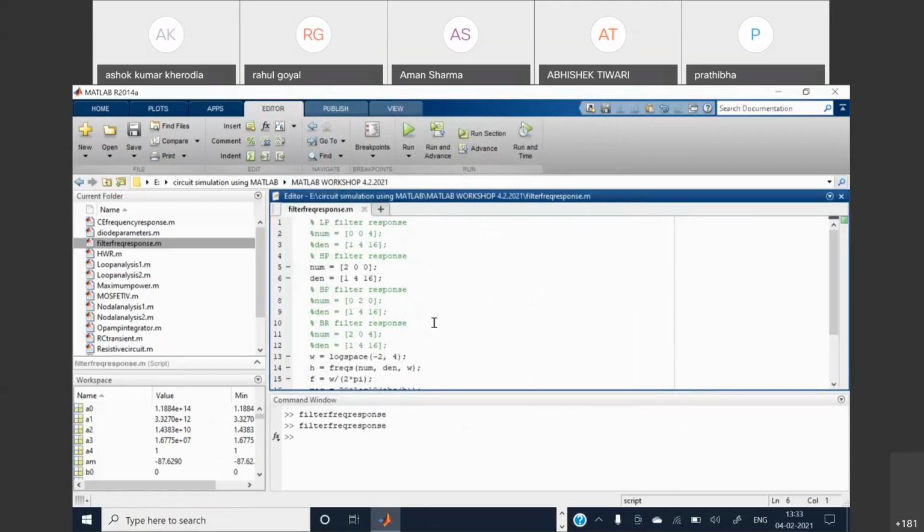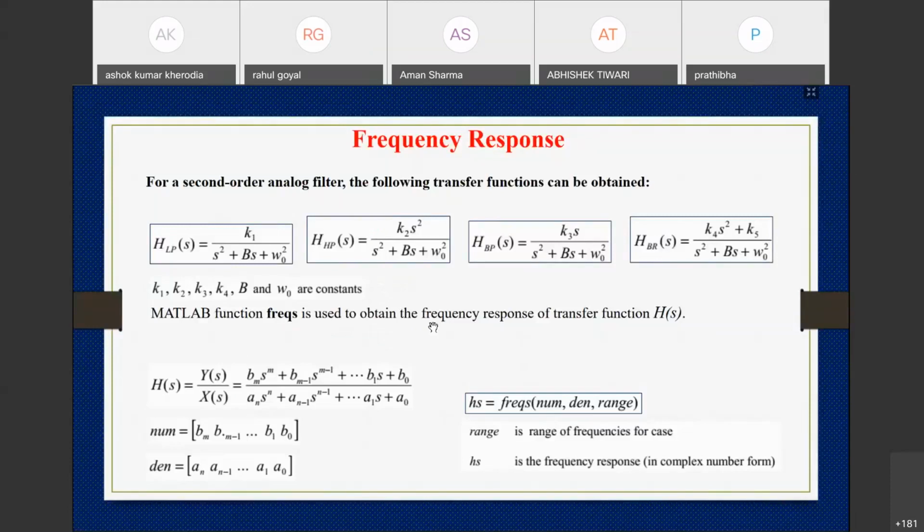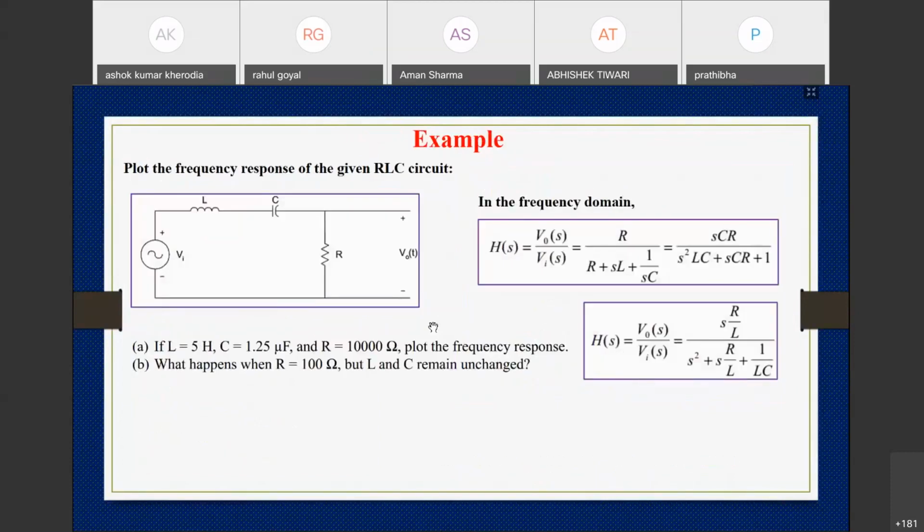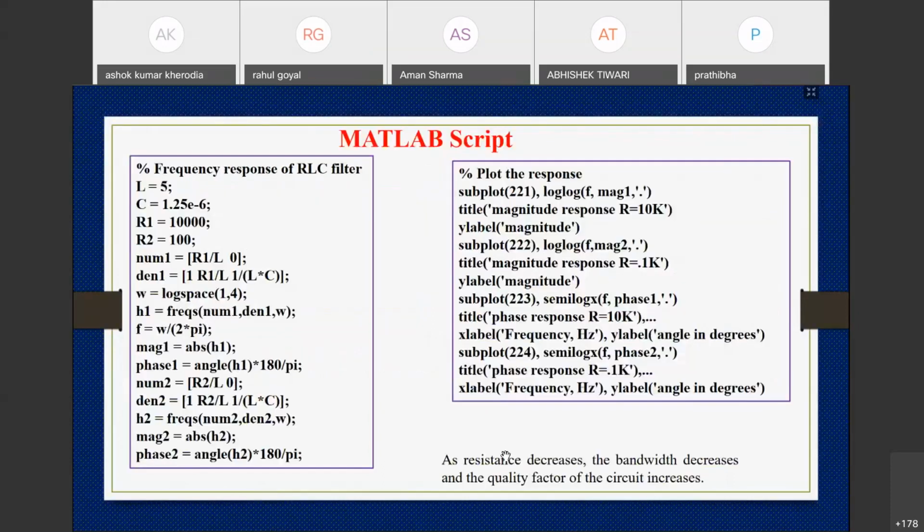The next one, I'll not go into detail, I'll just show you. We can find the response of an RLC circuit: if we have been provided with the values of L, C, and R, we can plot the frequency response. For that I use one command, subplot also.